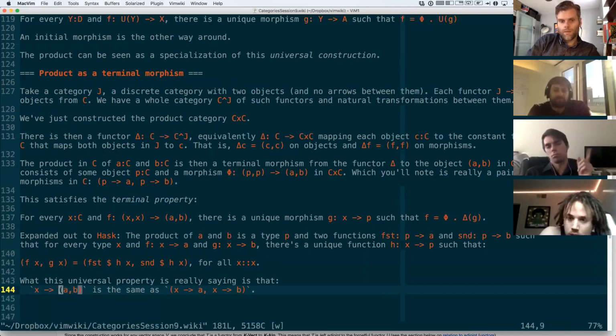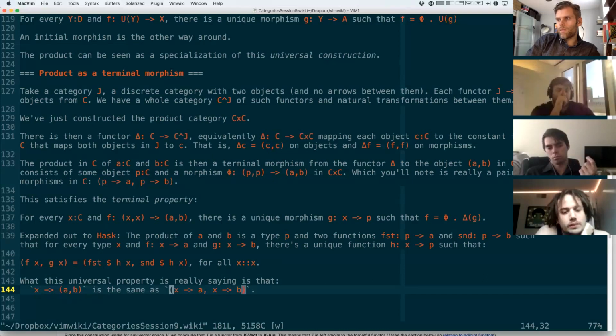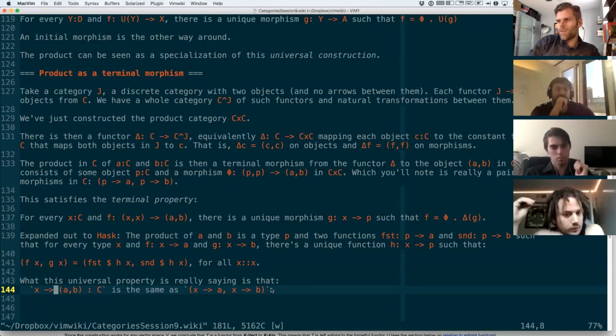That is true. Yes. So then you have to have, yeah. Okay, I see what you're getting at. So this has to be in C. Like this has to be a morphism in C, and this has to be a pair of morphisms in C. So this is actually an object in C cross C, right? Right. Yeah, I see what you mean.